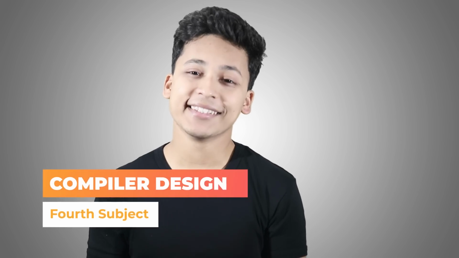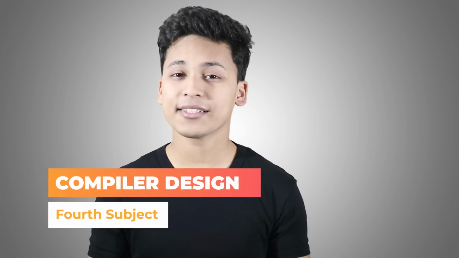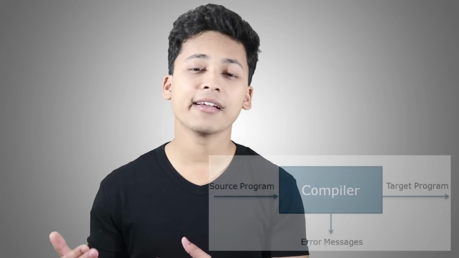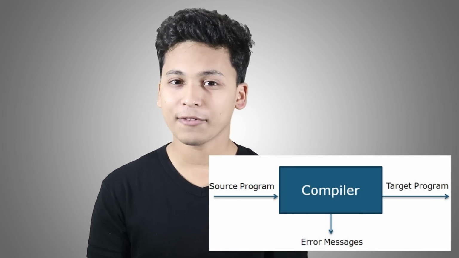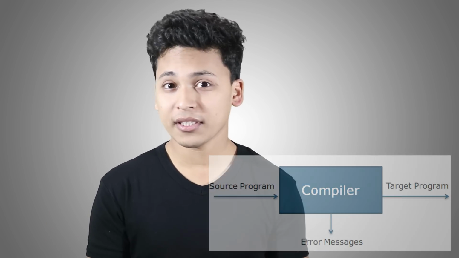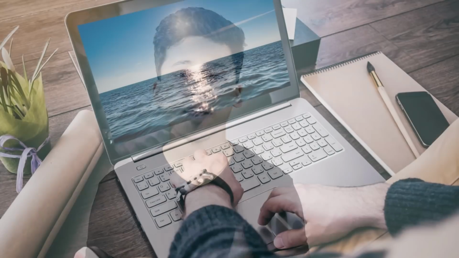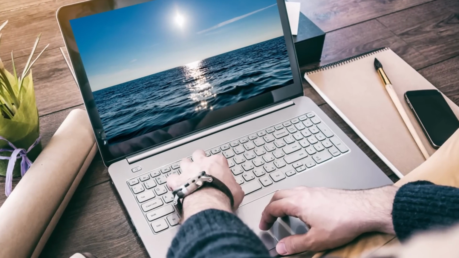The fourth subject would be your compiler design. So what is a compiler? A compiler is software that converts high level language into low level language. And why is it important? Most of the time we are interacting with a laptop, or the computer, or maybe the operating system. Whatever we type, whatever we speak, that is entirely high level language, right?